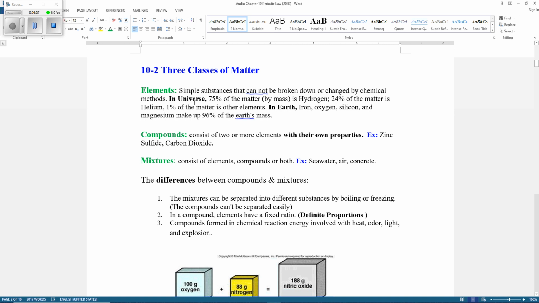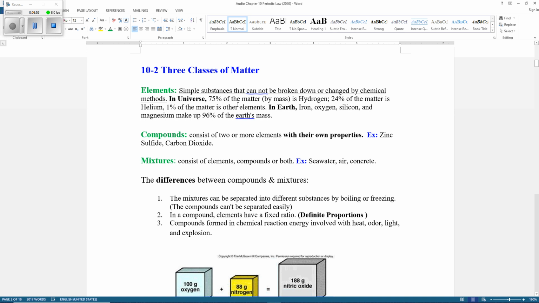In the whole universe, 75% of matter is hydrogen, and another 24% is helium. So the first two elements in the periodic table occupy 99% of the universe. Everything else is only 1%.